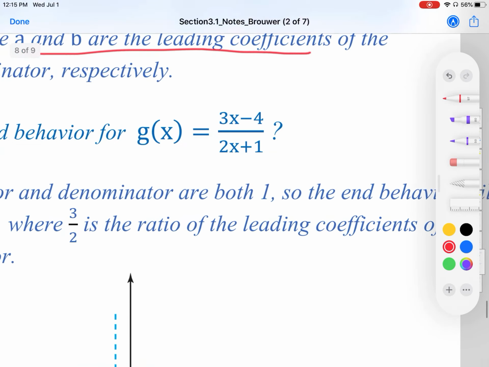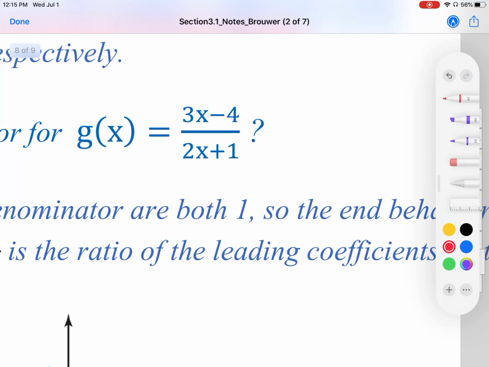So let's take a look at this next example. We see that both my numerator and denominator are of degree 1. So what would be my horizontal asymptote? Your horizontal asymptote will be made up of your leading coefficients. So that fraction is made up by 3 over 2.